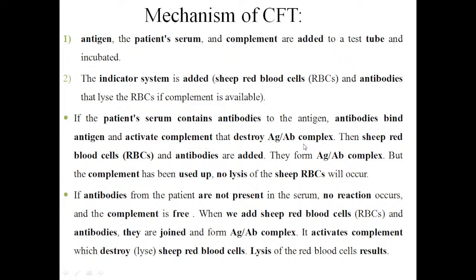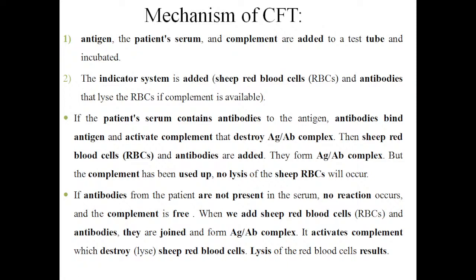To see it, we should add sheep red blood cells and antibodies to these cells. They also form an antigen-antibody complex. If an antigen-antibody complex is formed, complement must be activated. But what can we see? Is complement present?